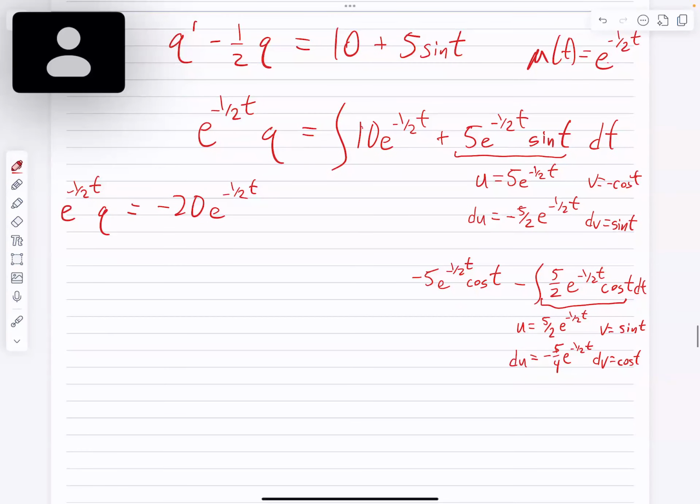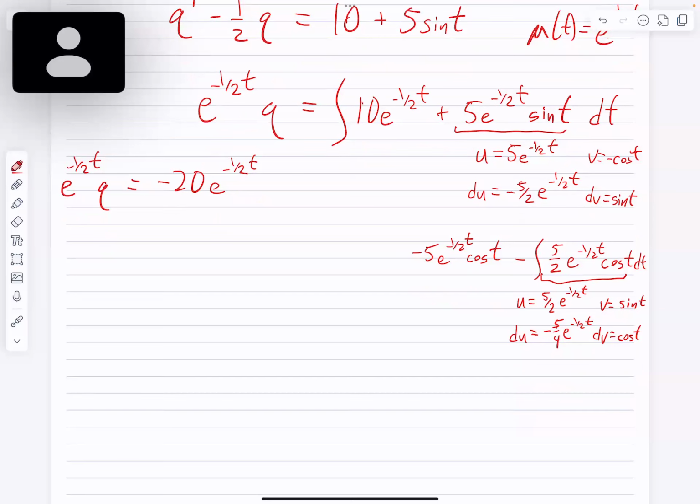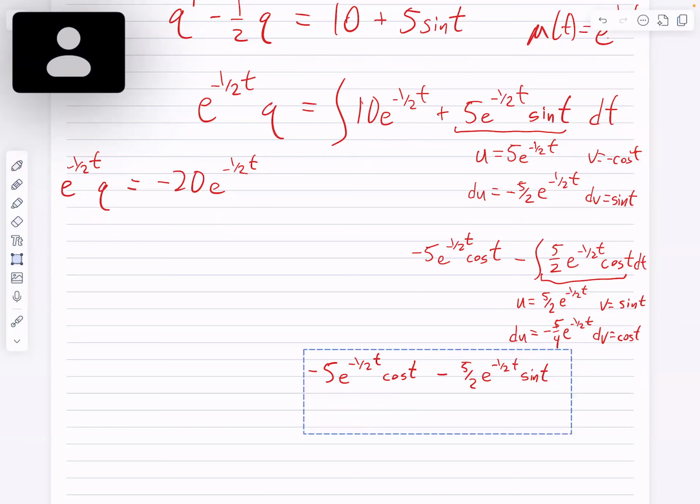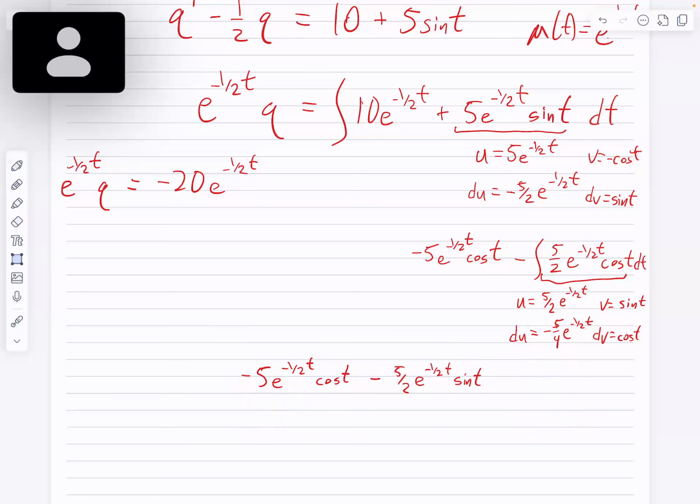Okay, so what the heck do I get? I get -5 e to the -1/2 t cosine t minus 5/2 e to the -1/2 t sine of t. And then it's going to be some constant times what we started with. -5/4, it looks like.